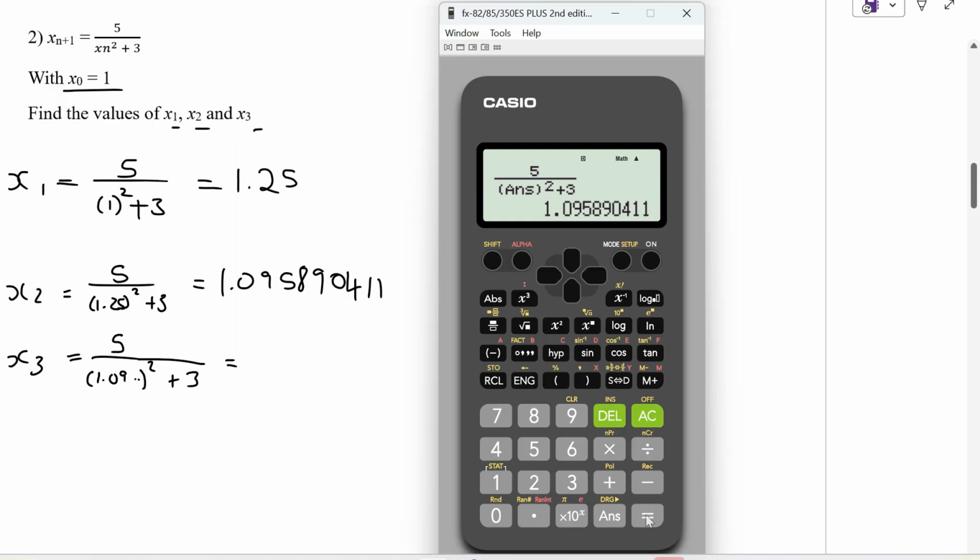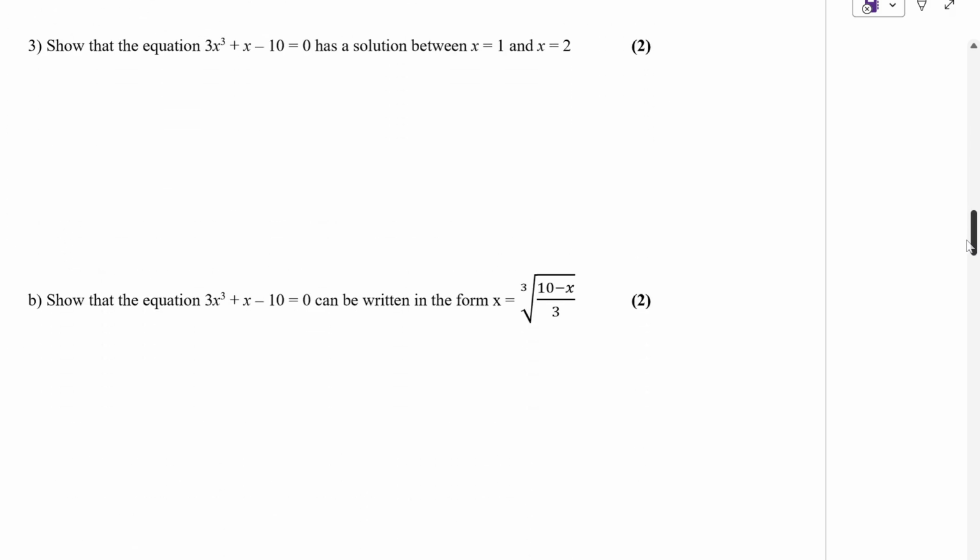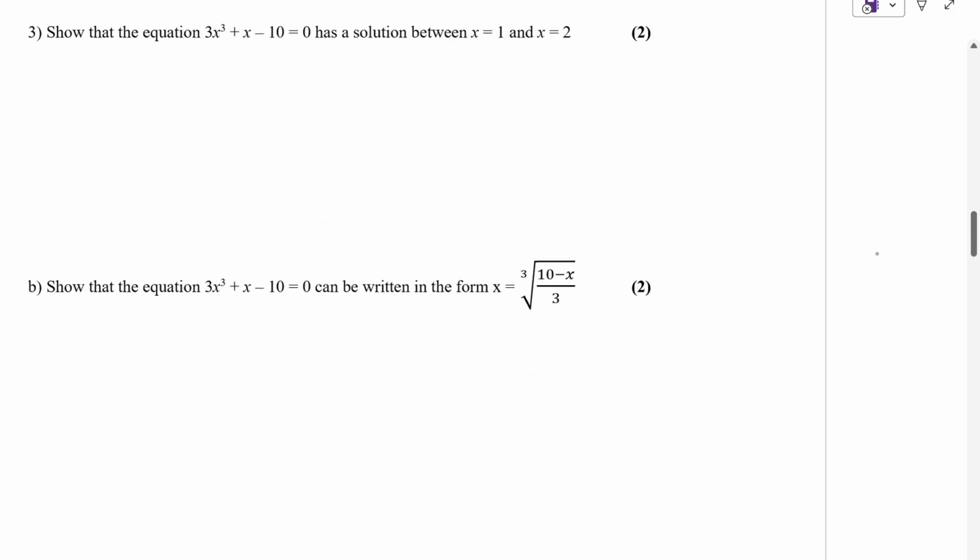Just hit equals again on the calculator because we've got answer in there already. Okay, that's 3 marks. Moving on to question 3.